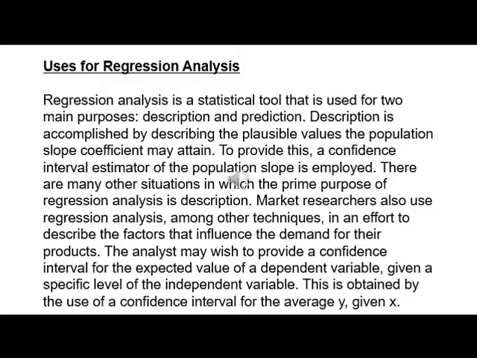Market researchers also use regression analysis, among other techniques, in an effort to describe the factors that influence the demand for their products. The analyst may wish to provide a confidence interval for the expected value of a dependent variable, given a specific level of the independent variable.